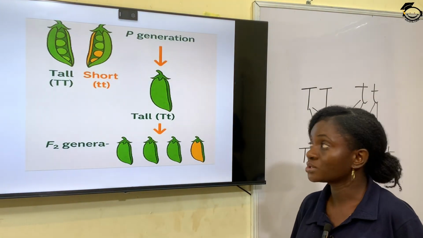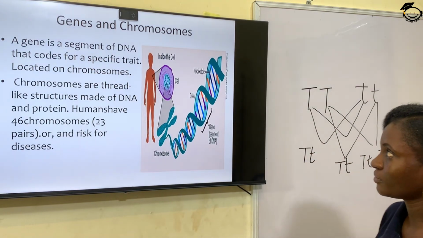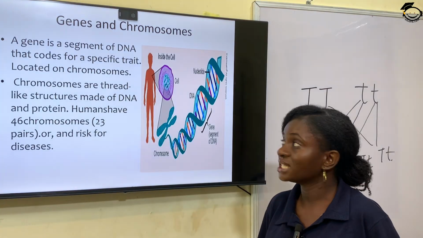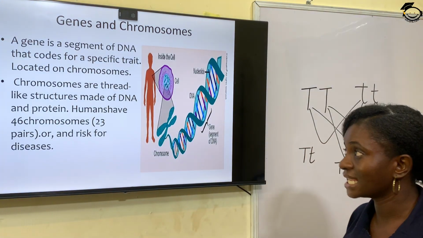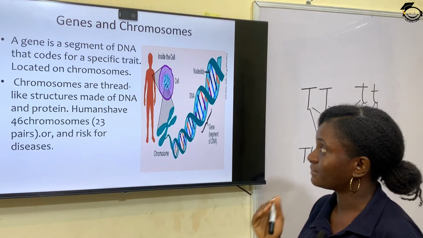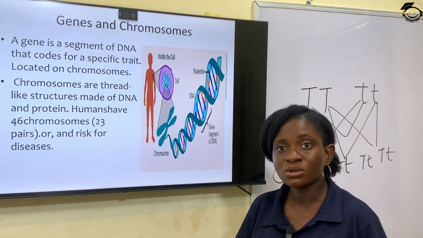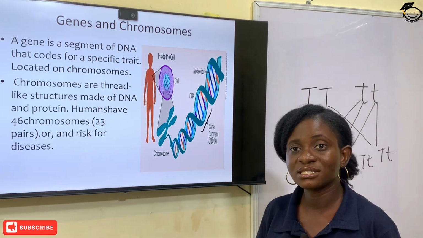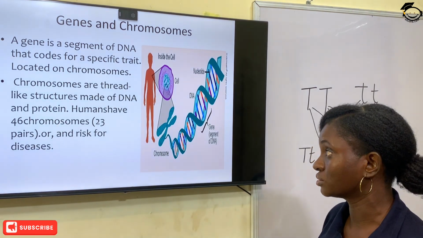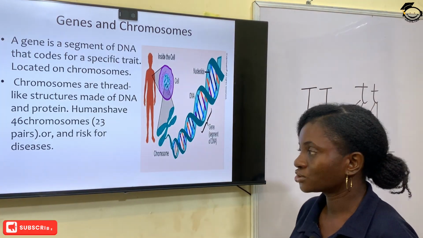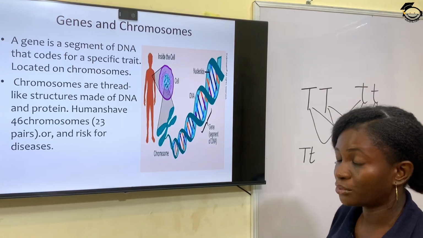So we are moving on to genes and chromosomes. A gene is a segment of DNA that codes for a specific trait, and this gene is located on a chromosome. Chromosomes look like threads. They are thread-like structures made of DNA and protein.